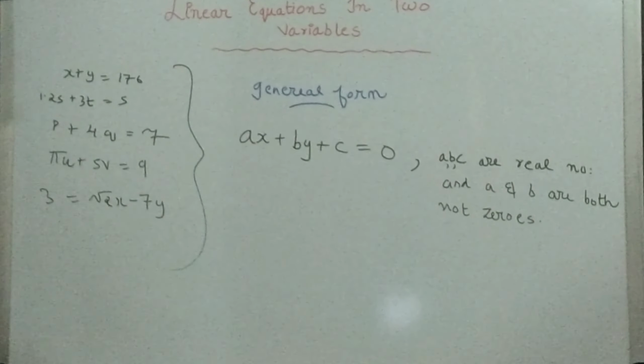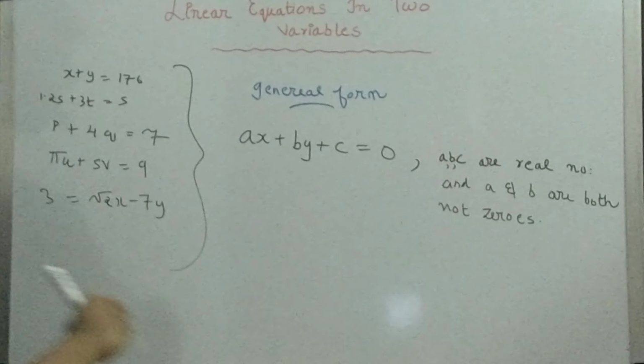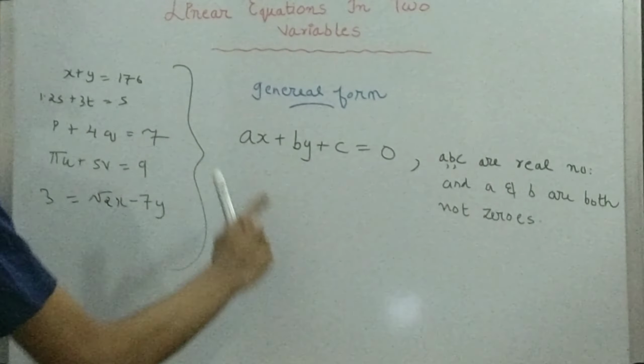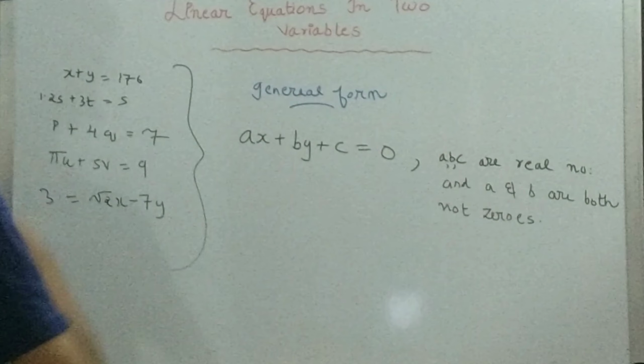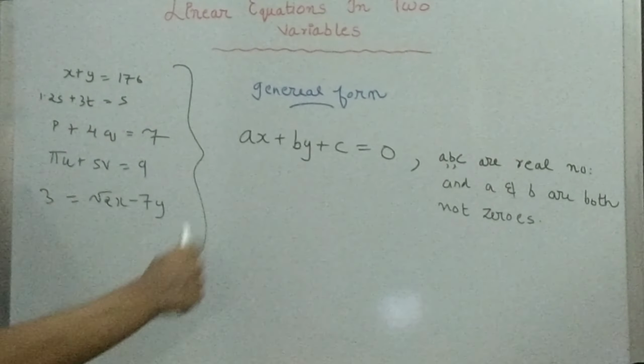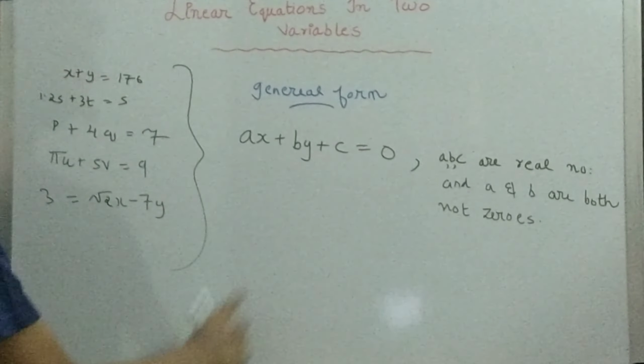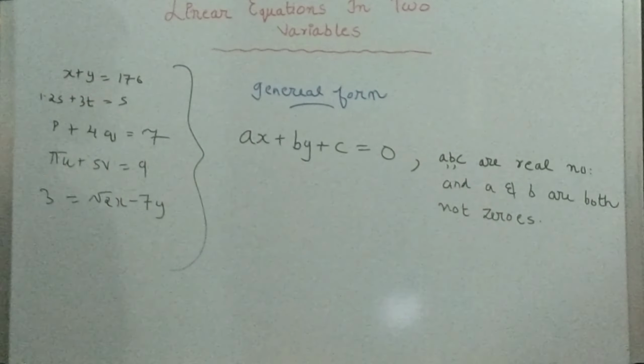Generally, all these linear equations in two variables, in a general format, we can write as ax plus by plus c is equal to 0, where a is the coefficient of x, b is the coefficient of y, and c is the constant term.